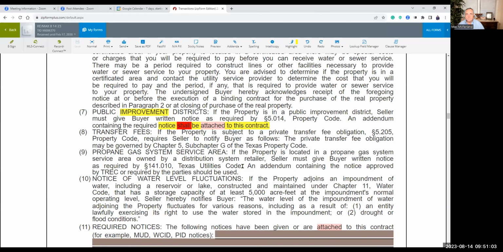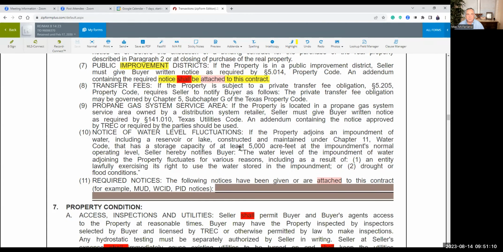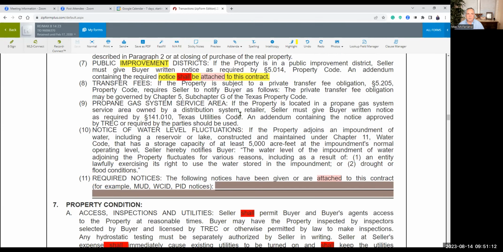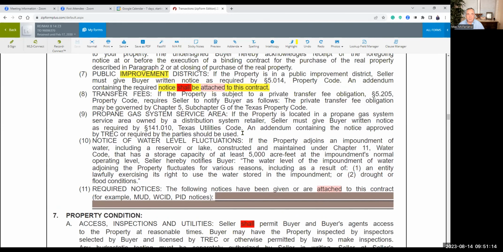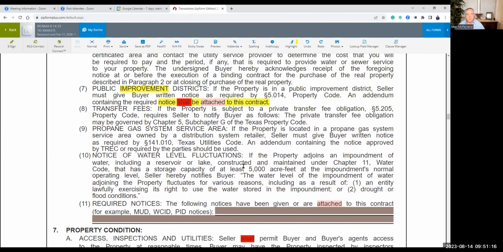Public improvement. If it's in a public improvement, we're supposed to have an addendum attached to it if the property is in there. And fortunately for us, we don't have that many of those, although I think you're going to see more of those pop up around here. For those of you that are young and ambitious, you'll watch those in the future, right?